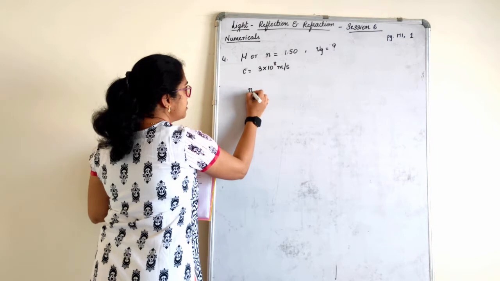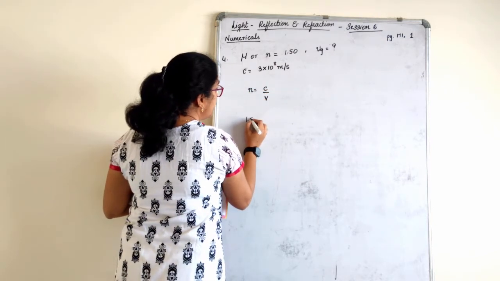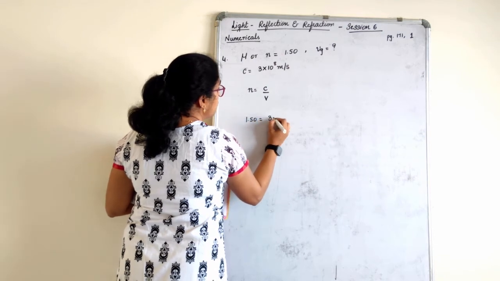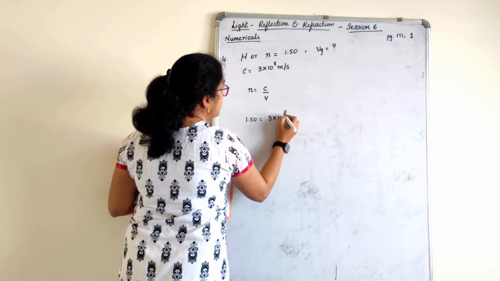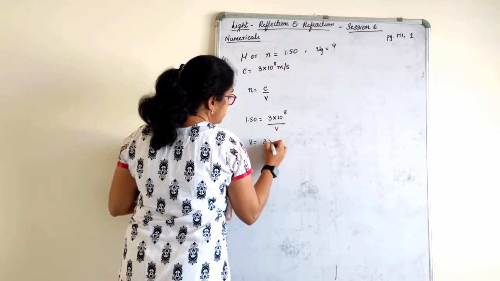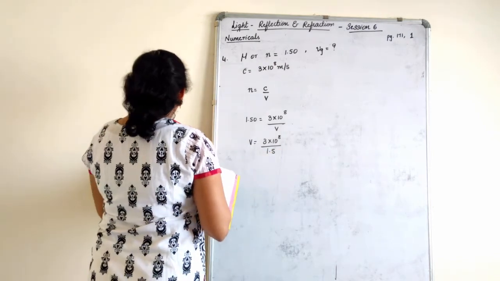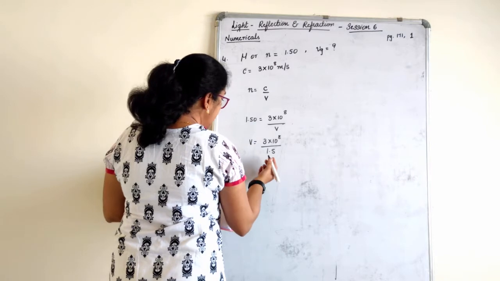Direct formula, children. n is equal to c by v. So what is n? 1.50. That is equal to 3 into 10 raised to 8 divided by v. Cross multiply. v is equal to 3 into 10 raised to 8 divided by 1.5. After calculation, I am going to give you a direct answer.